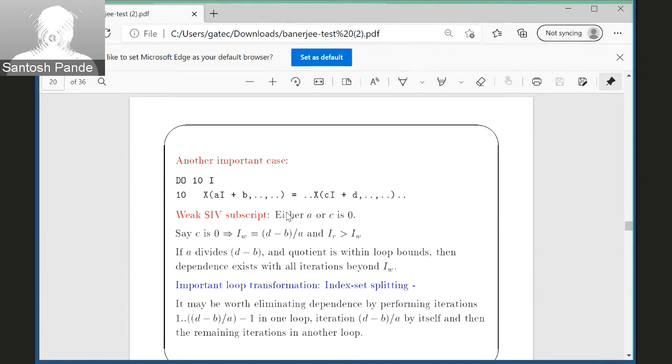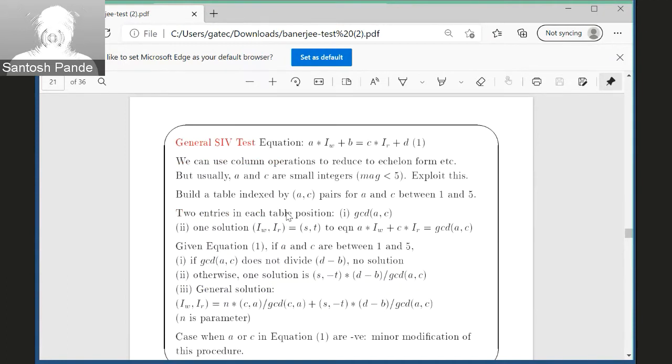Maybe the dependence distance in the previous one, or this particular IW, where the dependence exists, could be occurring in maybe the first 25 percent of the loop. So that particular part could be executed sequentially, and then for the remainder, where the distance becomes larger and goes outside the bounds of the loop, we can parallelize it. So I will come to that again, as I said, when we do the transformations. But let's keep going.